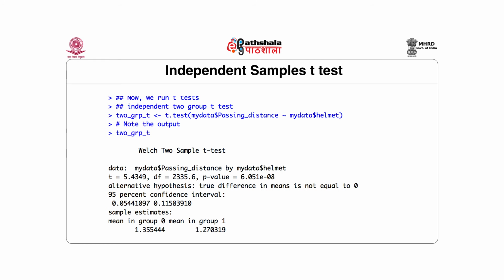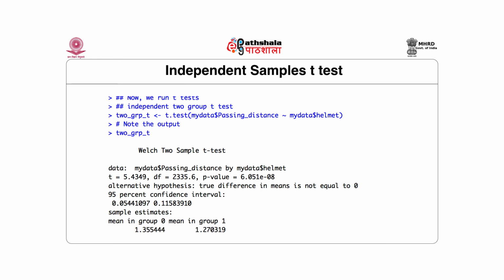This is not that kind of study. Here, we have two different groups of people who are independent of each other, who either wear a helmet or do not. And this is why the particular test that we are going to do is known as an independent samples t-test.